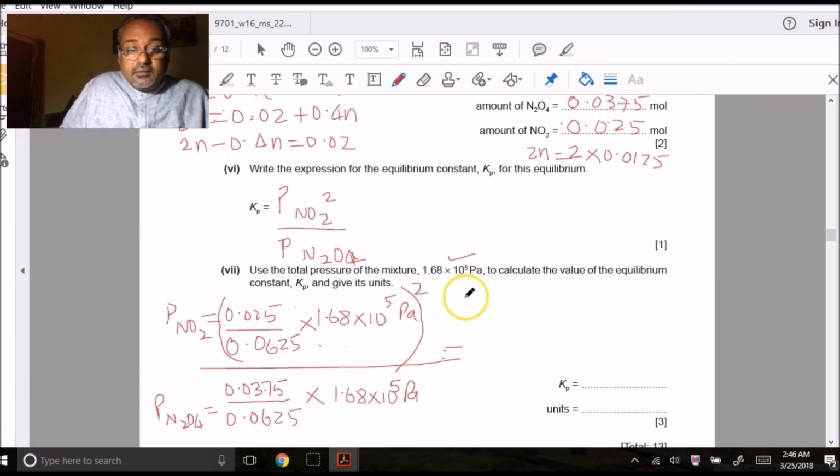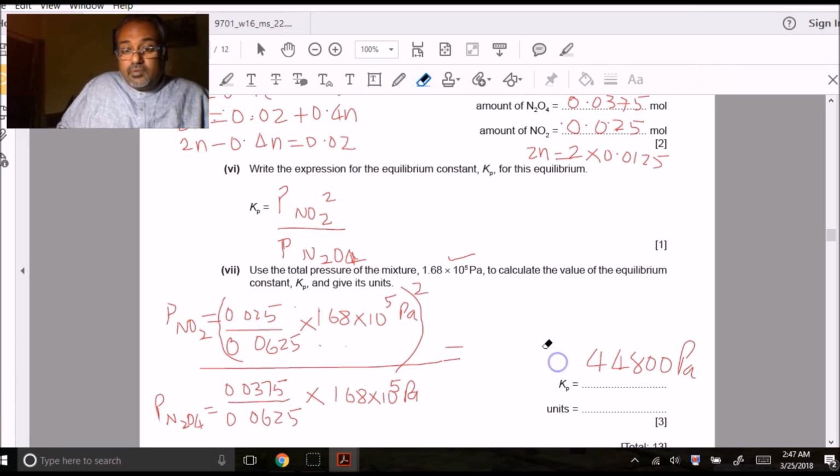So this could be, and then square it, and then divided by 0.6 times 1.68 times 10 raised to power 5, and this comes out to be 44800 Pascal.